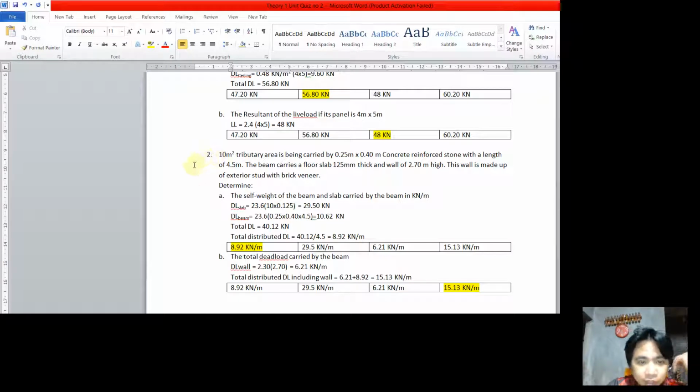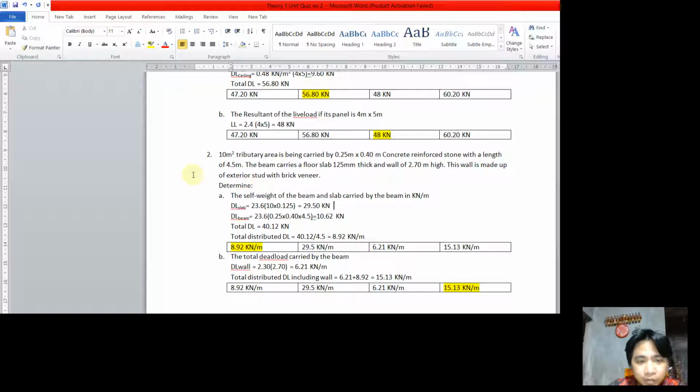So first we have a slab. Again, this is gamma times the volume. So we have gamma of 23.6 for reinforced concrete. This is the area, this is the thickness. So we'll have 29.5 kilonewton for that.